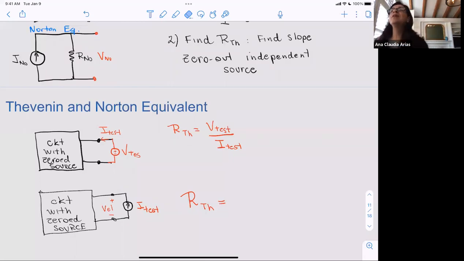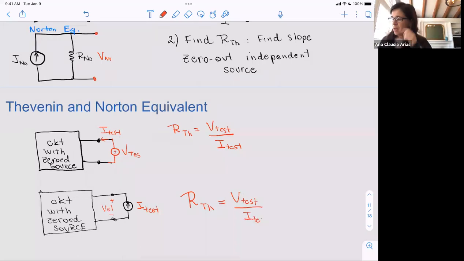Questions? Come on, come on. If I am applying a current to test, I'm measuring voltage to find an equivalent circuit for a circuit that has no source, exactly. It's also going to be V test over I test.